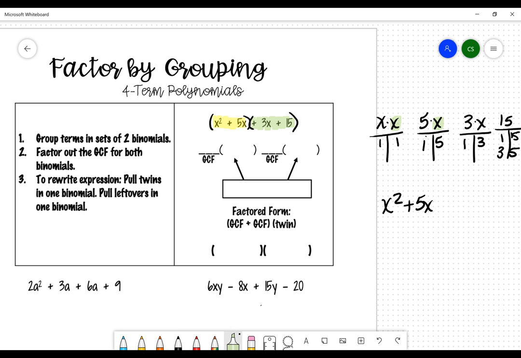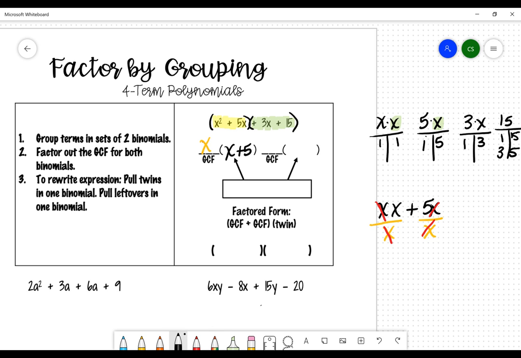That means I can factor out an x. Well, if I factor out an x, what does it leave me behind? So if I start off with 2 x's and I factor out an x from each term, well, this x cancels, and what am I left with?